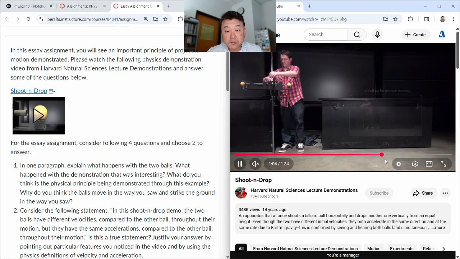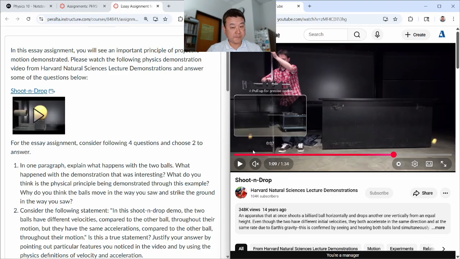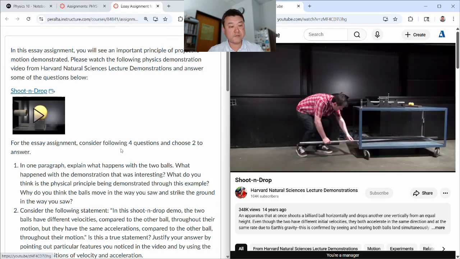Oh, they are both yellow. So he will do that, and what you are supposed to observe is that the ball that's simply being dropped and the ball that's being launched sideways hit the ground at the same time. So that's what you're supposed to see in the video.